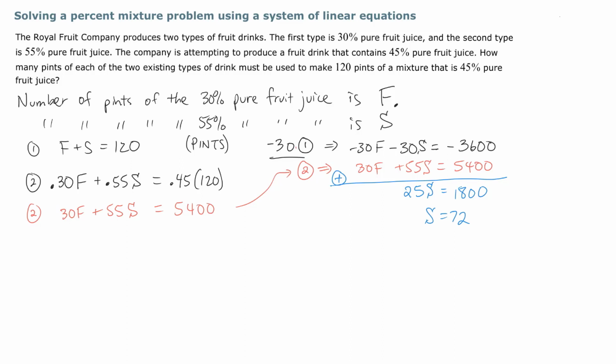What does f have to be? Well, it's 120 minus 72. That's about what, 48? Yeah. Why don't we answer the problem in a complete sentence?